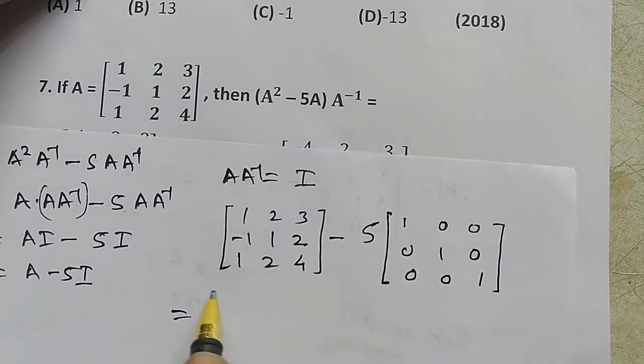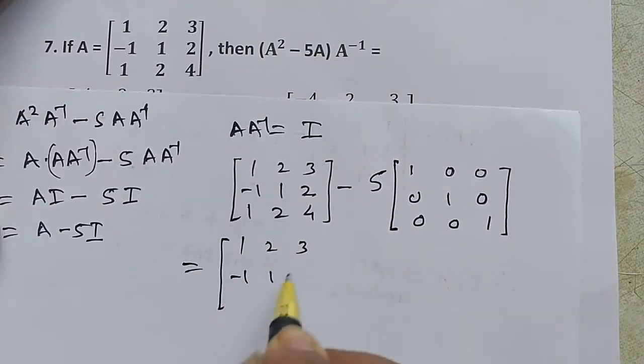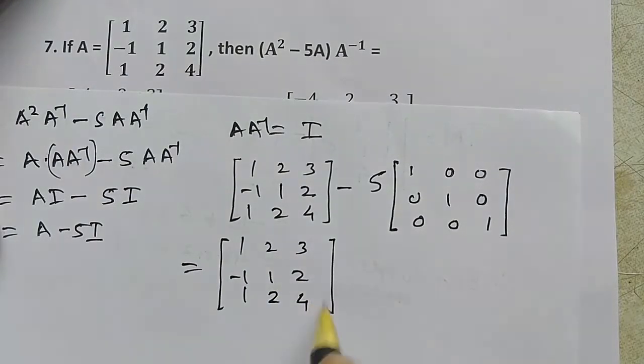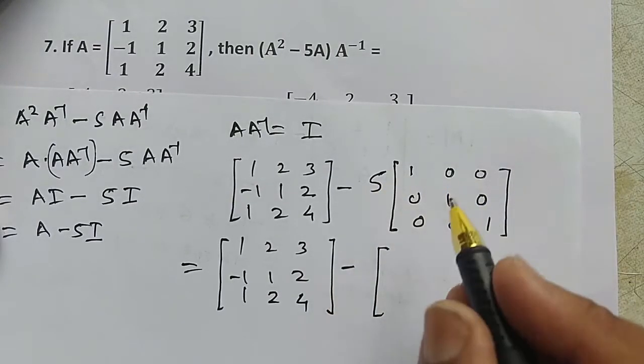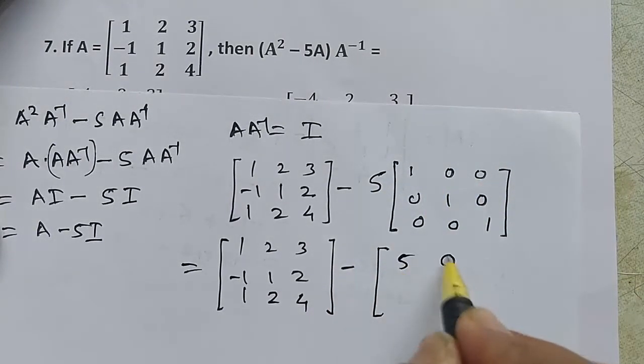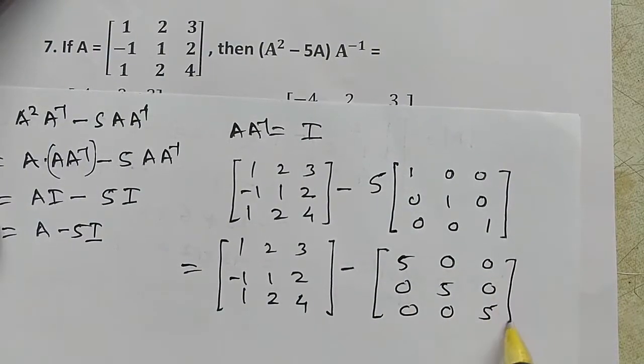So this is equal to [1 2 3; -1 1 2; 1 2 4] minus, we multiply by 5 inside the matrix, [5 0 0; 0 5 0; 0 0 5].